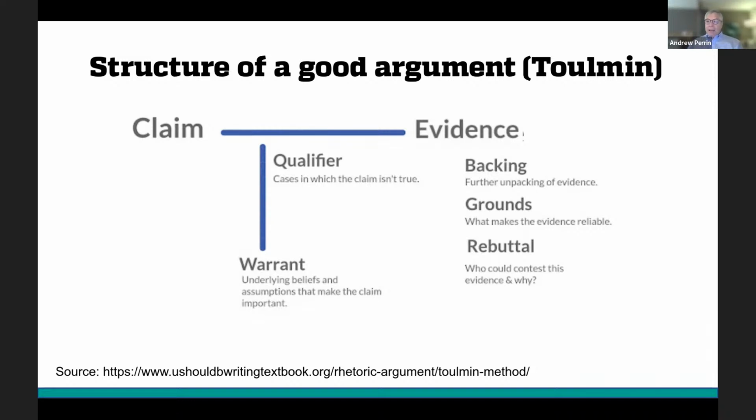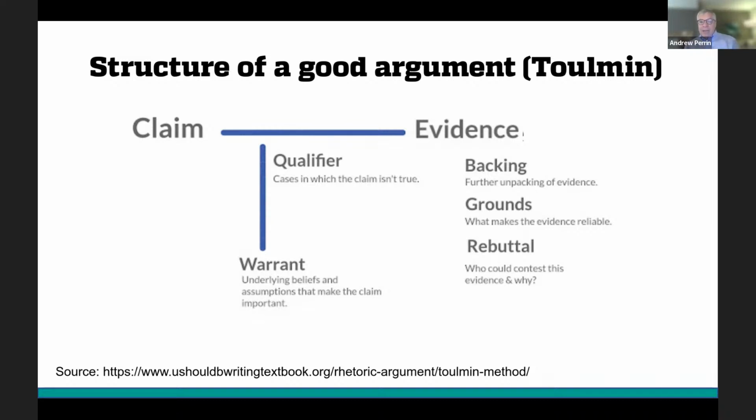So if I want you to believe that we should cut greenhouse gas emissions by 70% by the year 2050, that's a claim that is based on a set of evidence, right? My evidence being the predictions of widespread sea level rise, the immiseration that's likely to result from that.